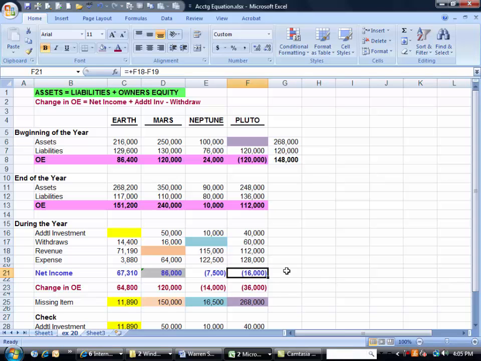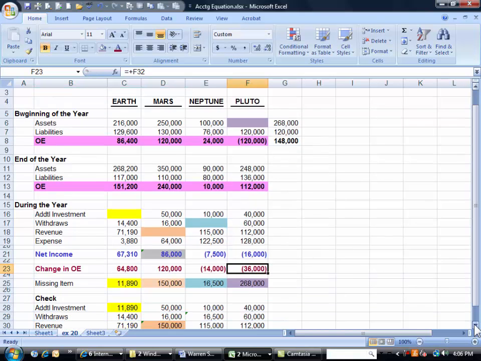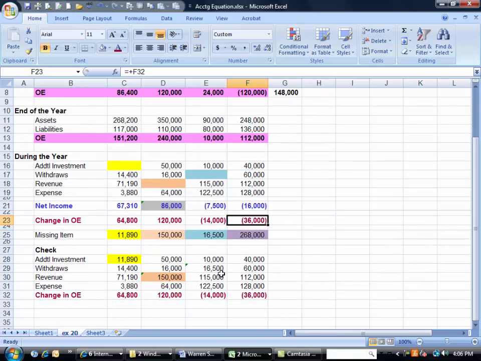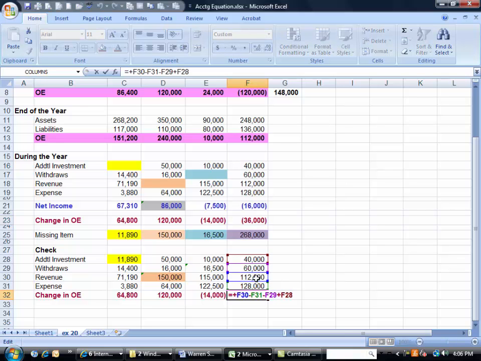Okay, so your net income is revenue less expense, and then your change in owner's equity is the difference between the same formula here. Let me click on it again. Oops, sorry about that. Let me go back up here. Okay, it's the difference between your changes of all your pieces. So we can come down here and actually calculate it. My change in owner's equity is revenue less expense, less withdrawals, plus additional investment.